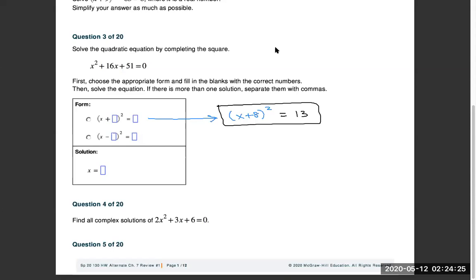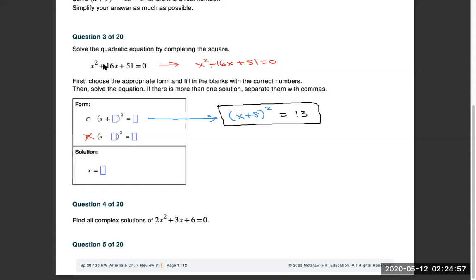Just a rule of thumb, if you had x squared minus 16x plus 51 equals 0, your steps would essentially be the same for the most part, except since you have a negative here, you would have a negative for your perfect square trinomial. So if you have a negative here, you're going to use this particular form.